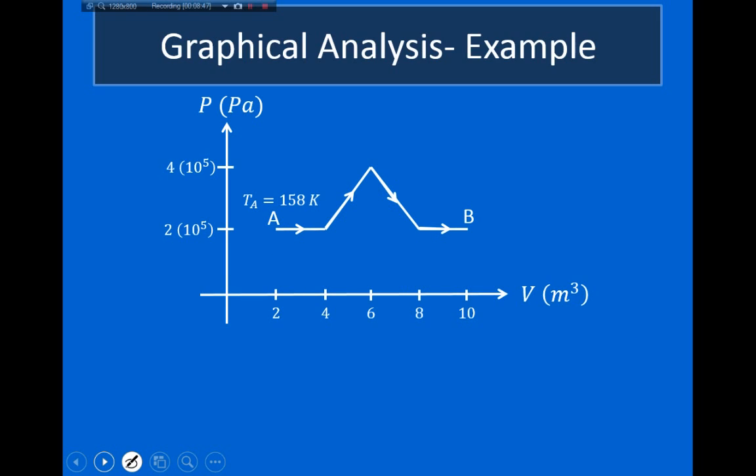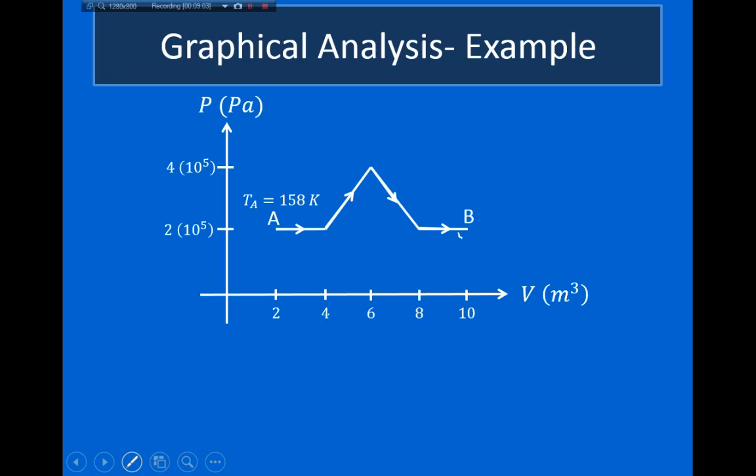Now the second part of the question asks us to calculate the temperature at point B. The way we do this is, if you think about what we're given here, we're given the initial pressure and initial volume of the gas, and we're given the final pressure and final volume of the gas.